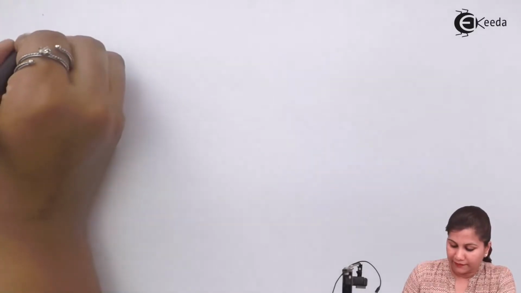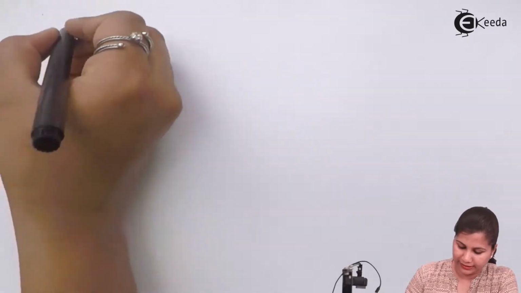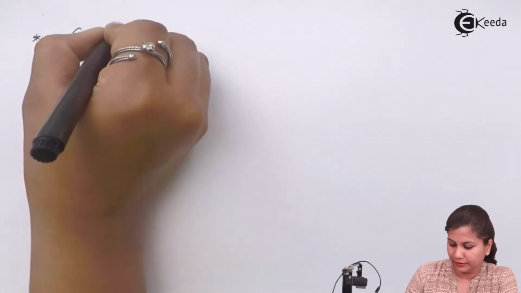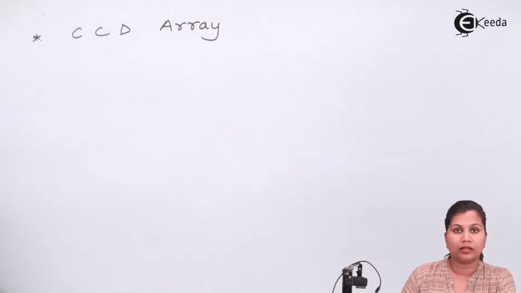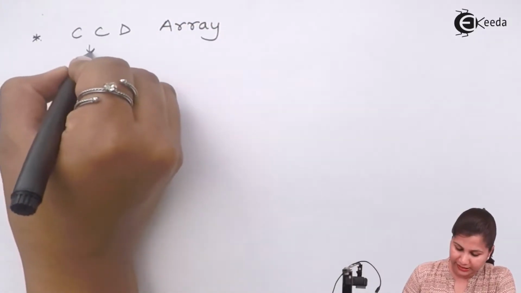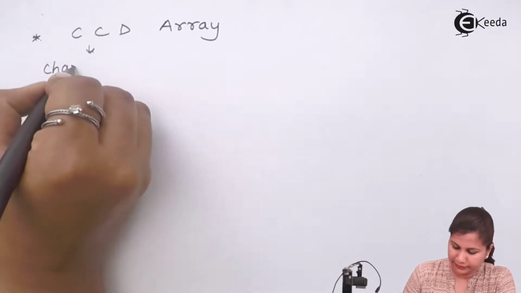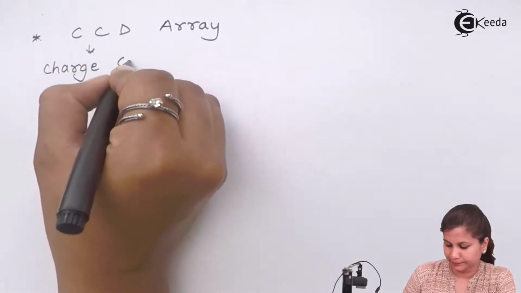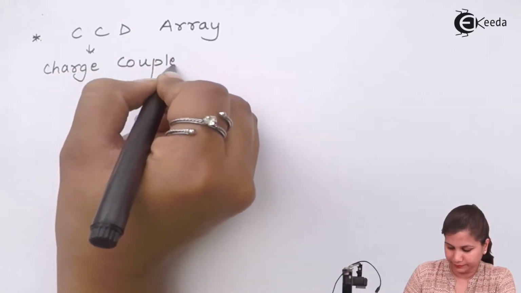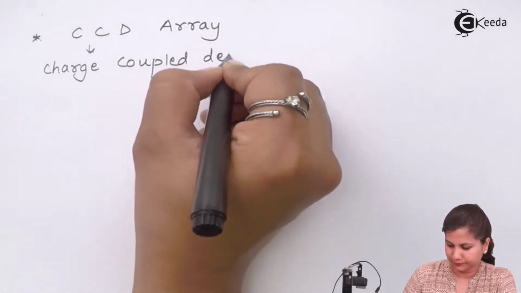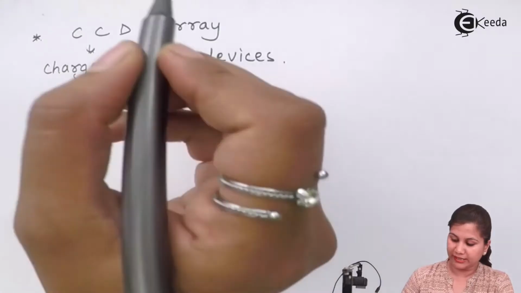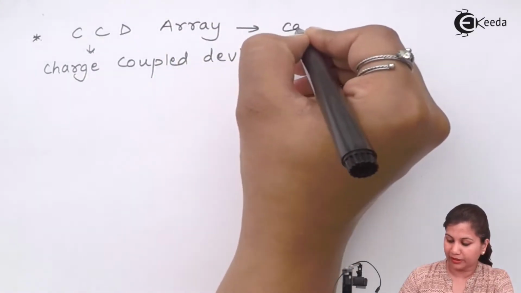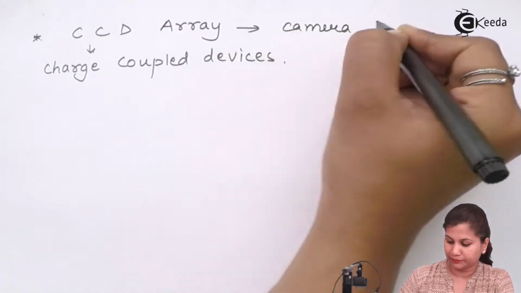So we have seen that the main part of the digital camera is the CCD array. The full form of CCD is charge coupled devices. With the help of the CCD array, the camera records the picture.